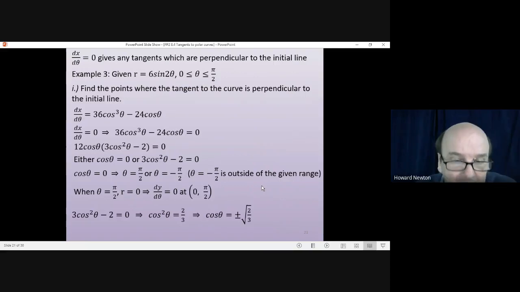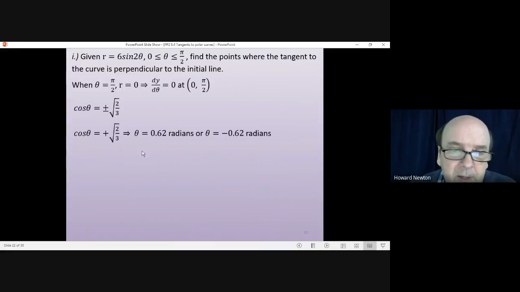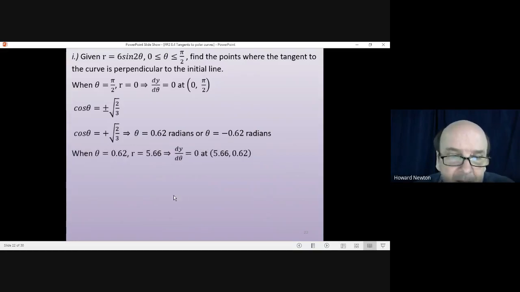If 3 cos squared theta minus 2 equals 0, that means that cos squared theta equals 2 over 3, and cos theta equals plus or minus the square root of 2 over 3. If it's equal to plus the square root of 2 over 3, then theta either equals 0.62 radians or minus 0.62 radians.